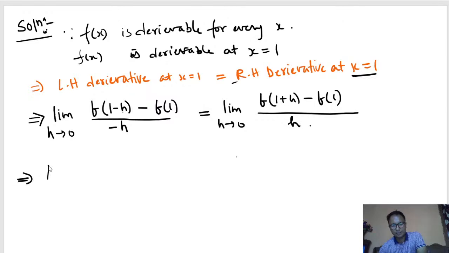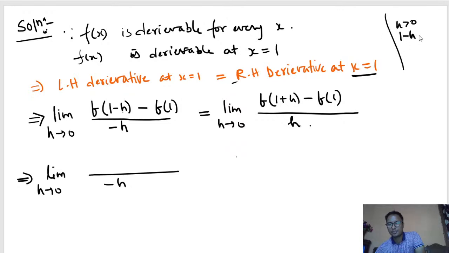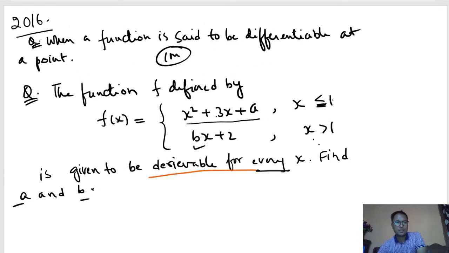See, for 1 minus h, h is a positive number, so 1 minus h is less than 1.